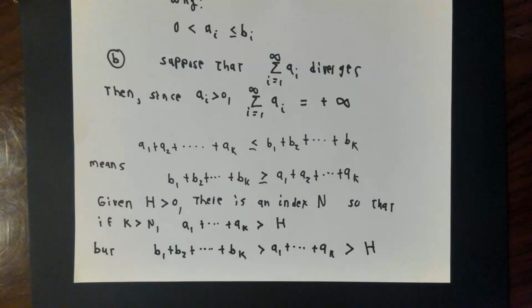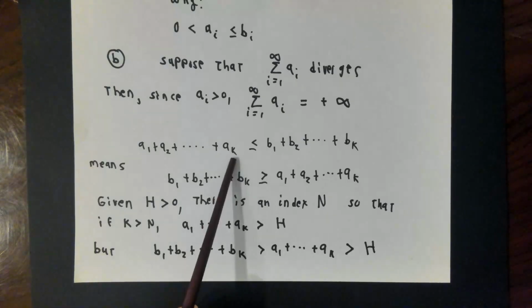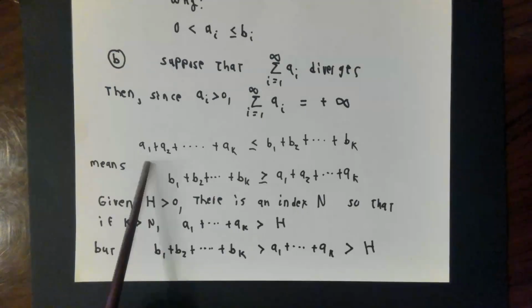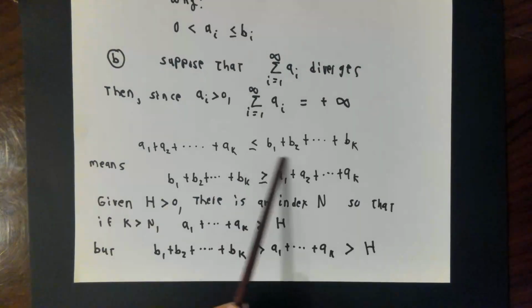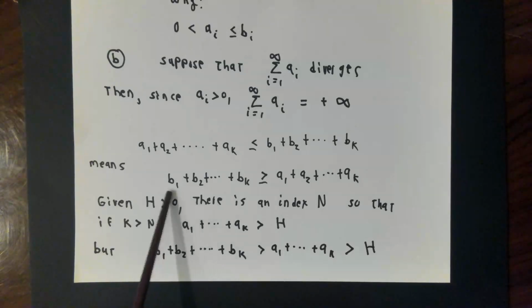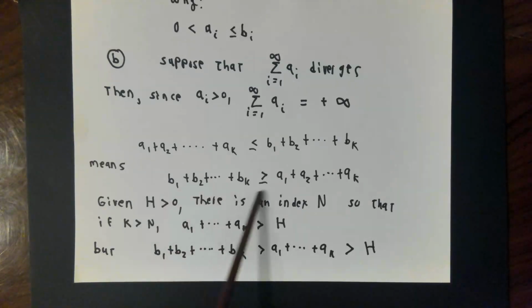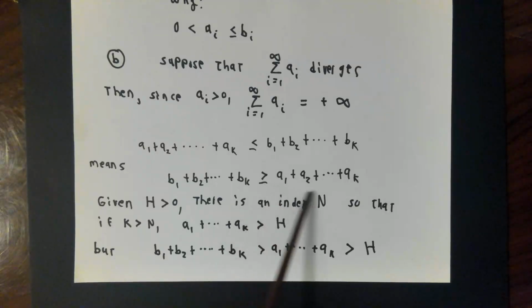Since each individual a number is smaller than the corresponding b number, it's obviously true that this sum can't be bigger than that sum, but that means the same thing as this sum is at least as big as that sum.